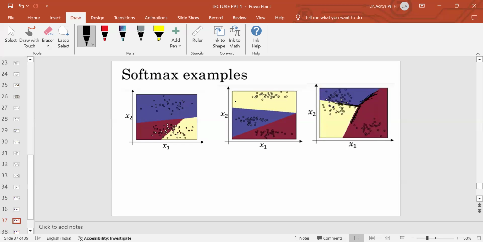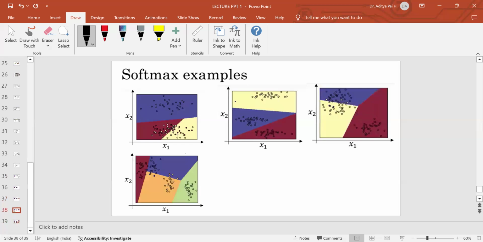For all these different categories or classes, we are using different linear functions. So the linear function used for this and for this are different, hence we can see the separation between those different classes here.